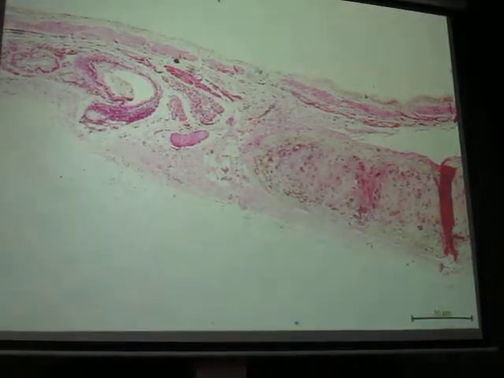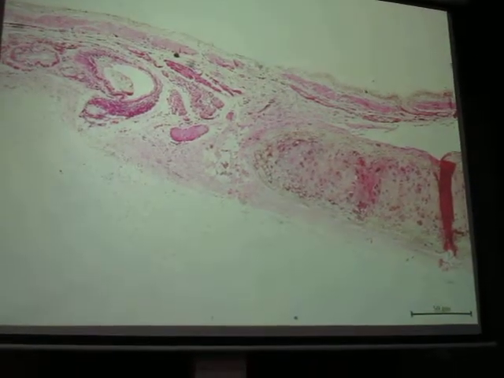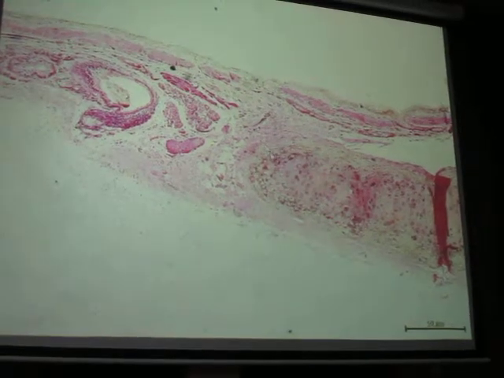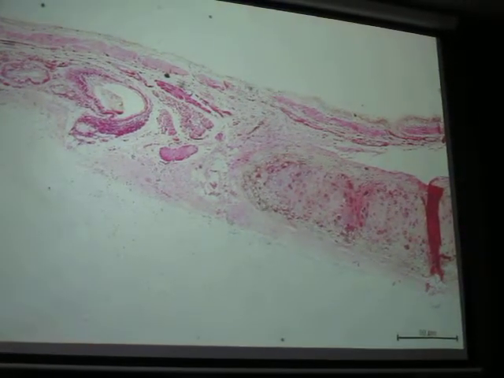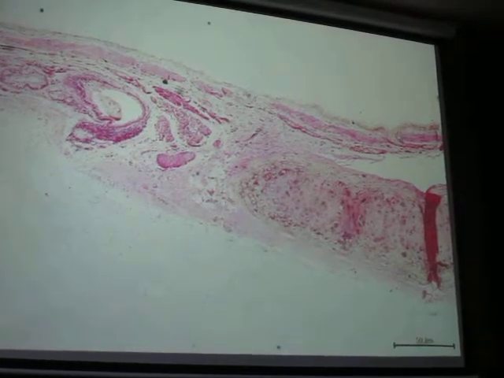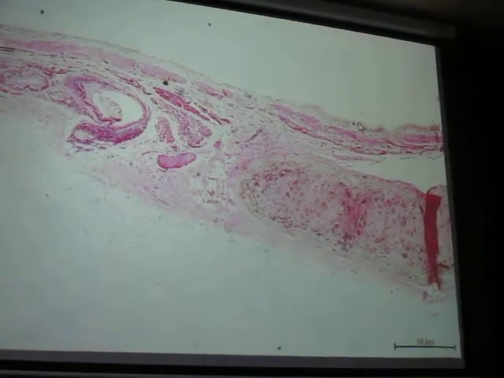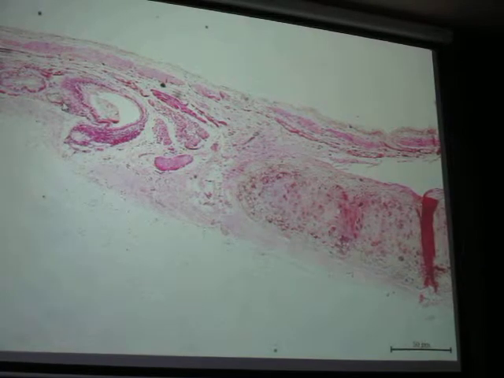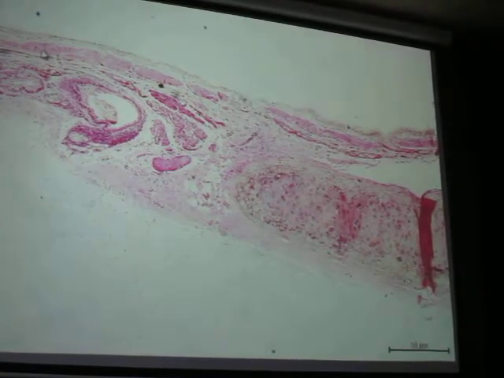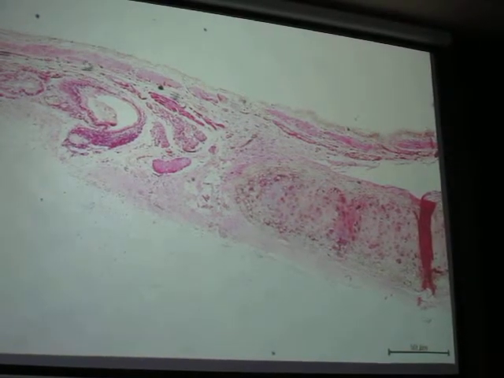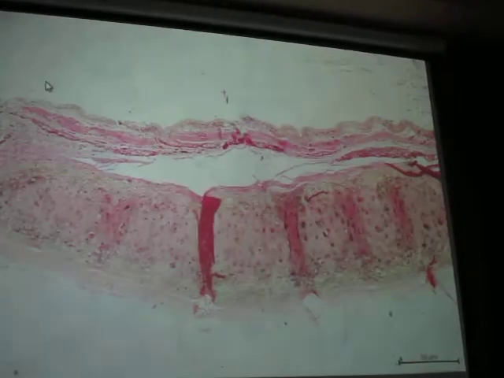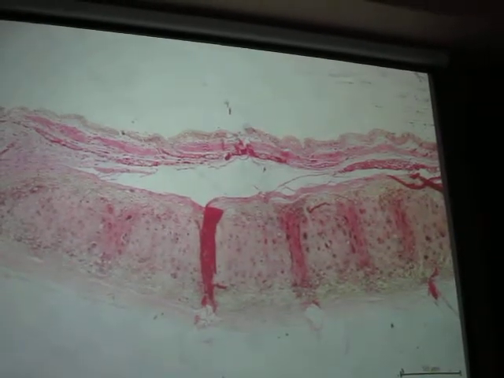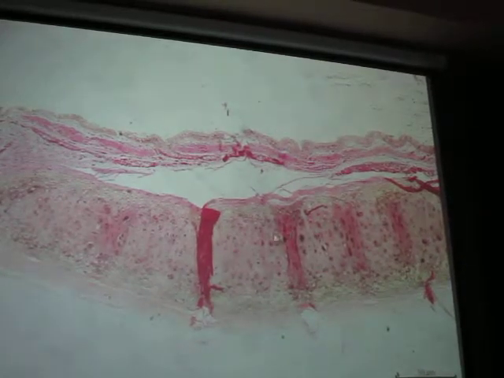And this is the cross section of the trachea. This is the end of the C shape. Okay, this is the end of your C-shaped hyaline cartilage, the respiratory epithelium. And this is the muscle on the posterior part of your trachea. This is the hyaline cartilage again.